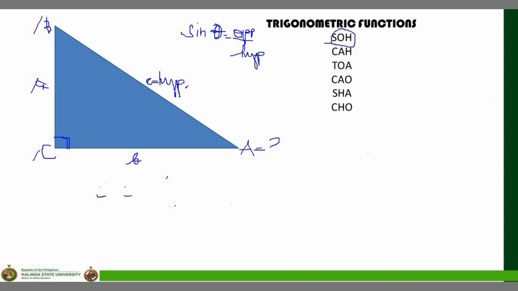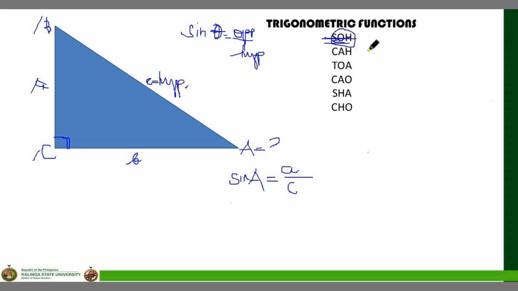Again, using sine. Sine of angle A, since angle A is unknown. What is the opposite of angle A? That is side A over our hypotenuse C. So I hope we are clear on sine.